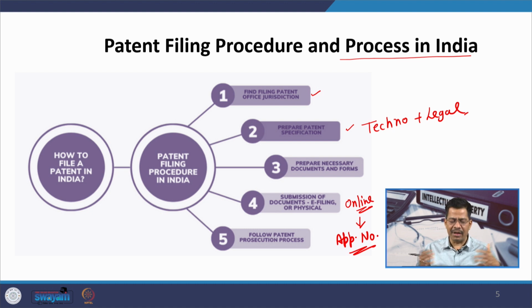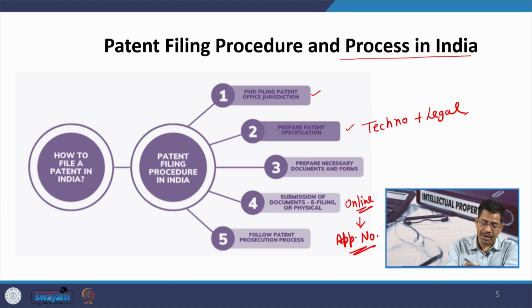We are talking continuously about patents being applicable for 20 years of exclusive right. The 20-year exclusive right is from the date of this application number. So, the day you file your application, all your protections start from that very day.